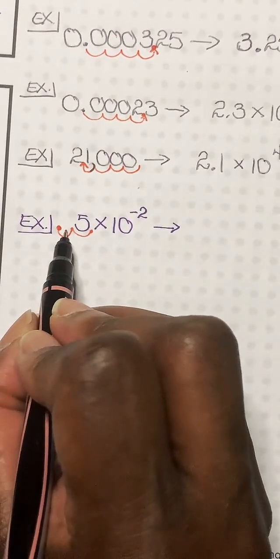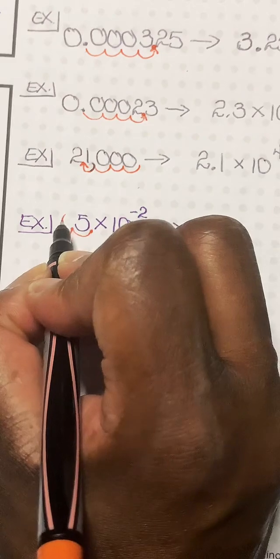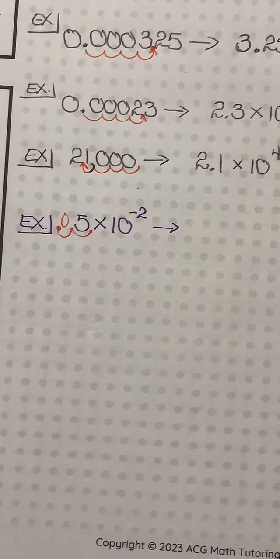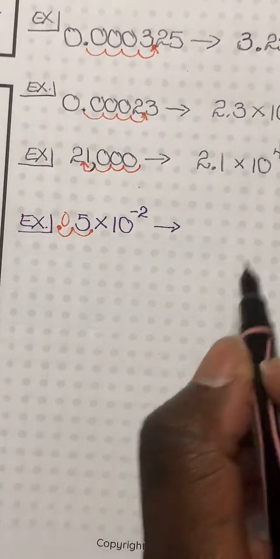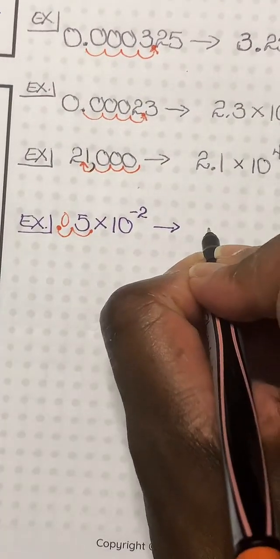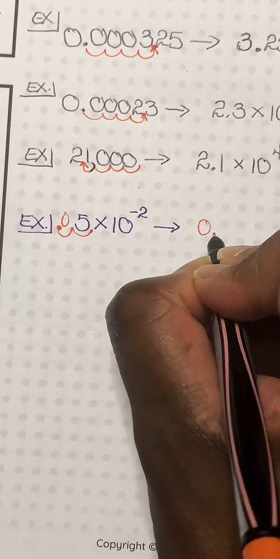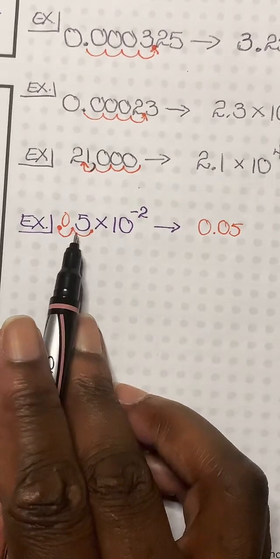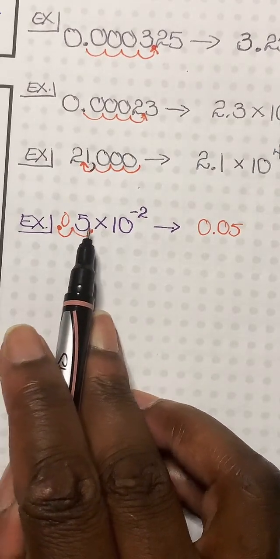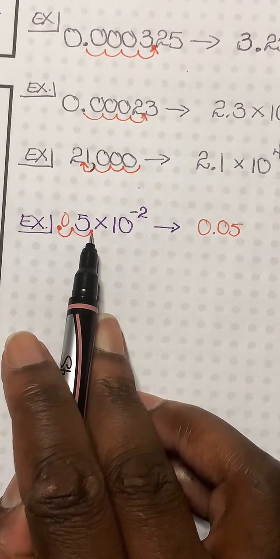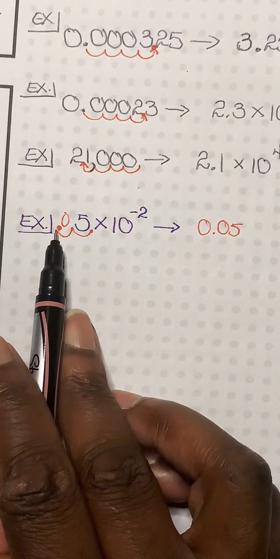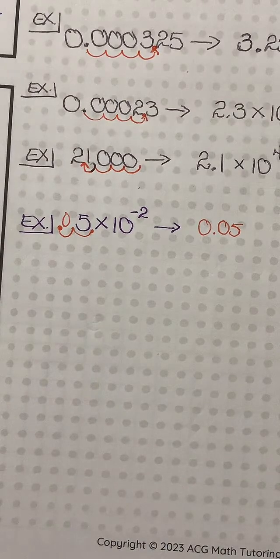We need a placeholder right here, so that'll be my 0. That means we're going to have 0.05. The decimal is not starting in front of the 5, it's starting behind the 5, and we're moving it over 1, 2 to the left-hand side.